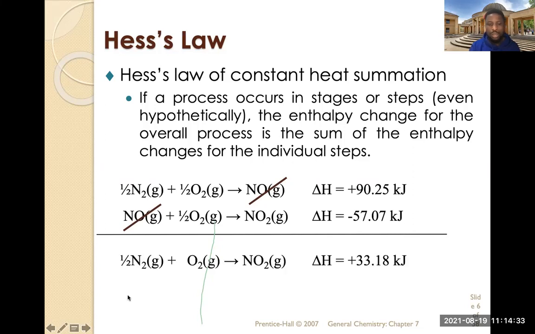If you sum the 2 steps, you have the final reaction. In the same way, you sum the 2 steps, so you balance everything out. Half O2, half O2 gives us 1. We also sum their enthalpy changes, their heat of formation.